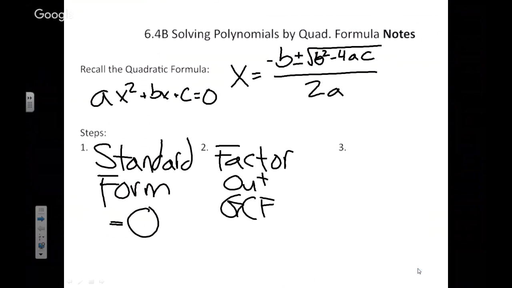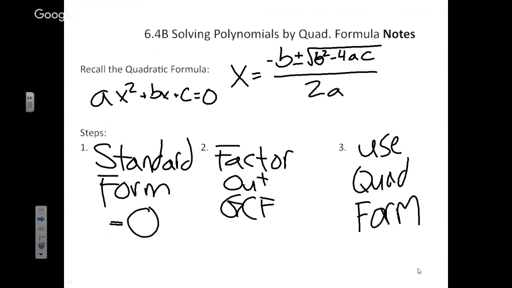And then the third step is just using the quadratic formula. So the steps are getting it into standard form, factoring out a greatest common factor, and then using the quadratic formula.